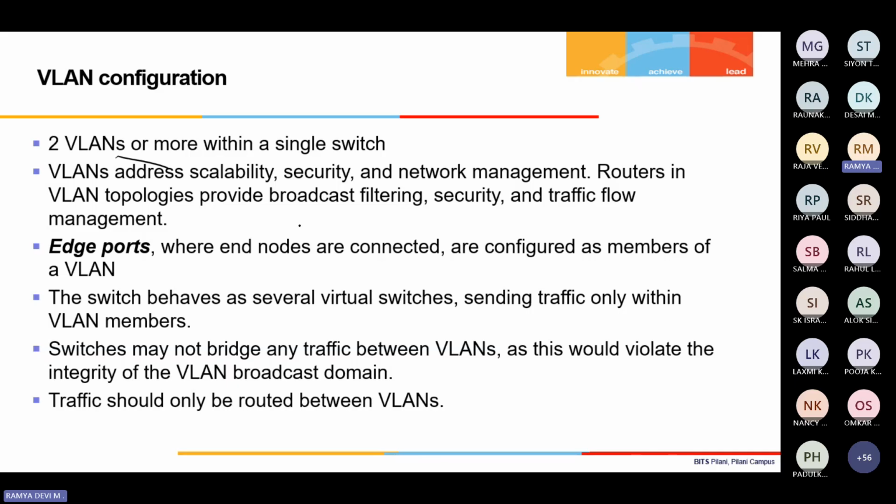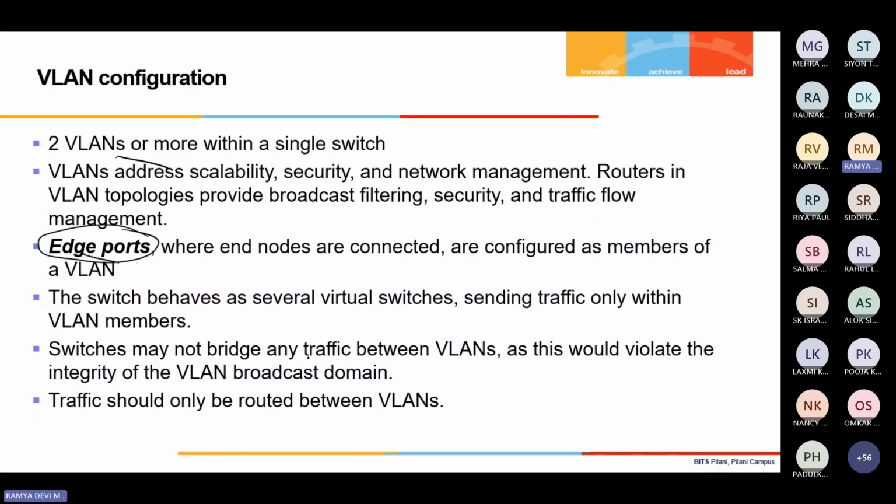So inter-VLAN communication, already we have discussed, should pass through a router. No two hosts or devices on different VLANs can communicate directly with each other. Okay. So for that, we need edge ports. Ports where user devices are connected are called edge ports. Okay.